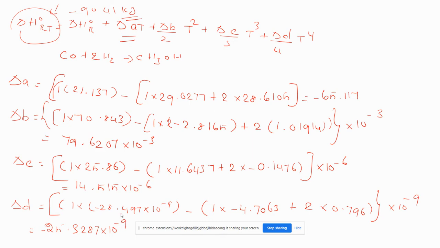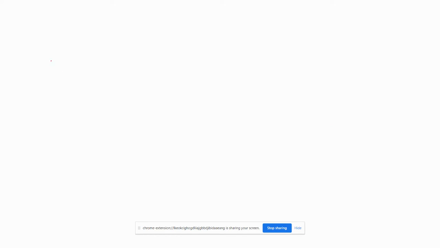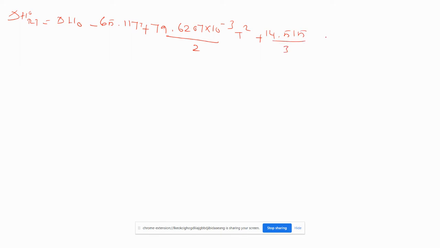Okay. So now what we have to do means we have to substitute all these in the equations. So you will get del H0 RT is equal to del H0 minus 65.117 T plus 79.6207 into 10 power minus 3 by 2 T square plus 14.515 by 3 into 10 power minus 6 T cube minus 25.3287 into 10 power minus 9 by 4 into T power 4.